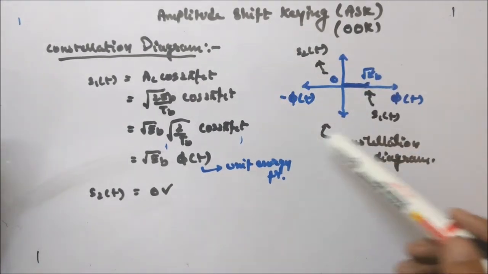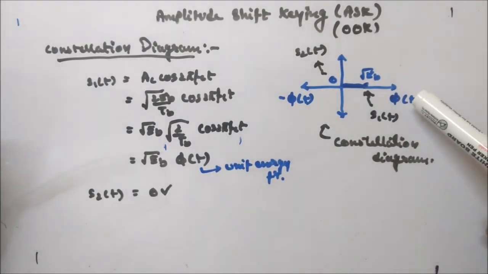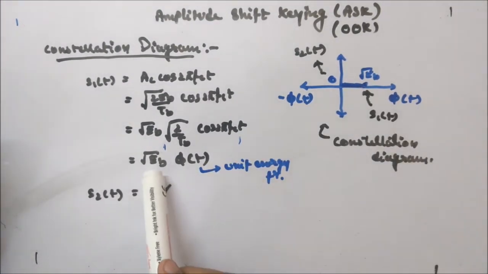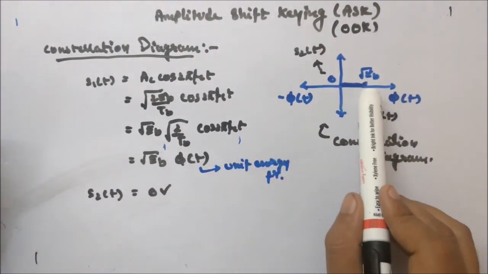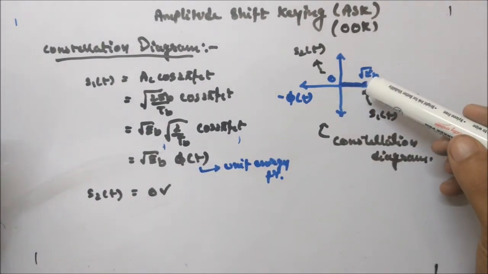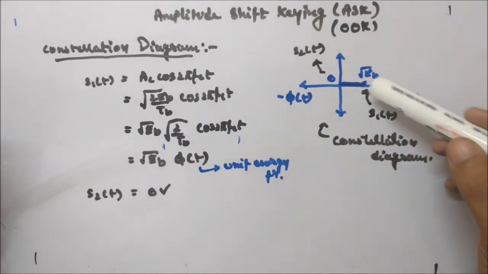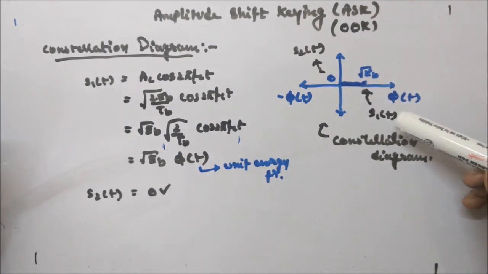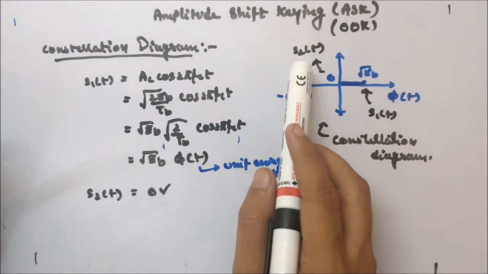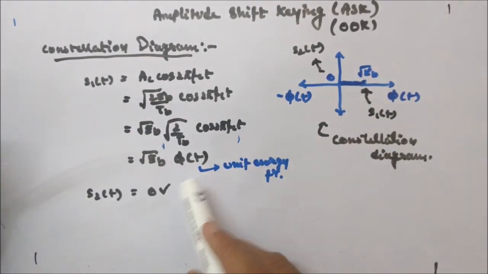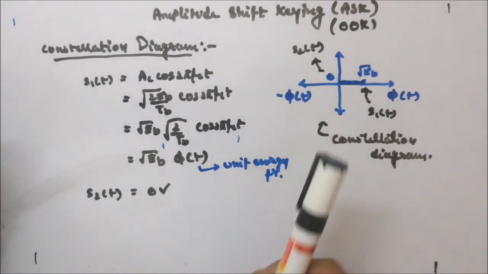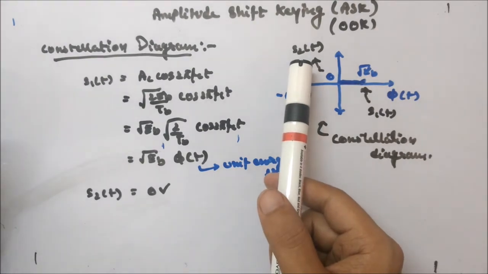So how can we plot? Here you can see this is your phi t axis, this is the minus phi t axis. On the phi t axis you have amplitude under root EB, this is the distance, that is the amplitude, and this point is represented as S1t. And the 0 volt is here, it's 0 into phi t, you can understand. This is represented as S2t.